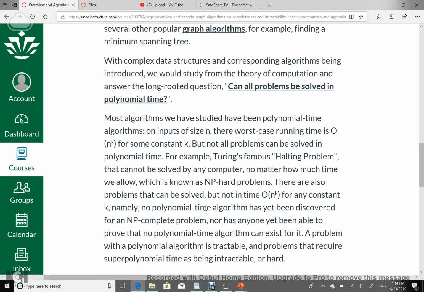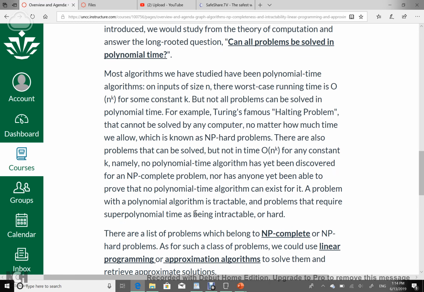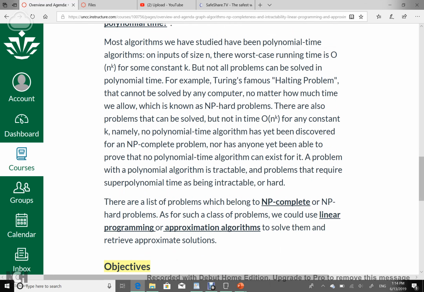Most algorithms we have studied have been polynomial time algorithms. On inputs of size n, the worst case running time is O(n^k) for some constant k. But not all problems can be solved in polynomial time. For example, Turing's famous halting problem cannot be solved by any computer, no matter how much time we allow, which is known as an NP-hard problem.